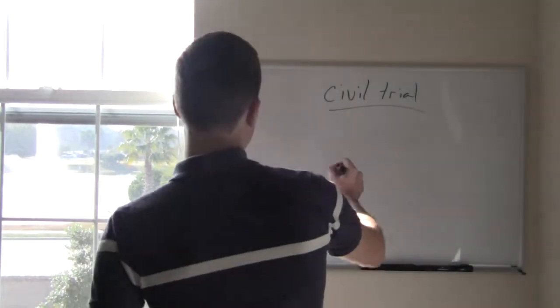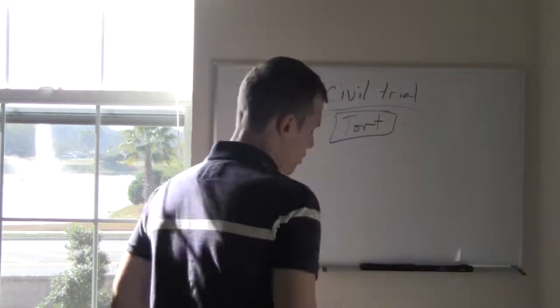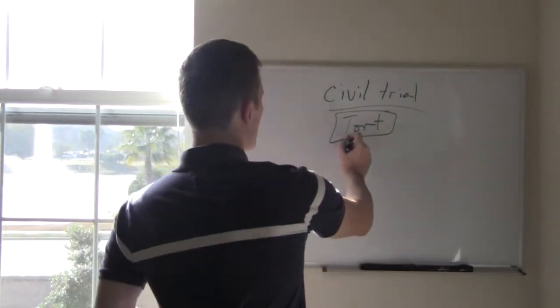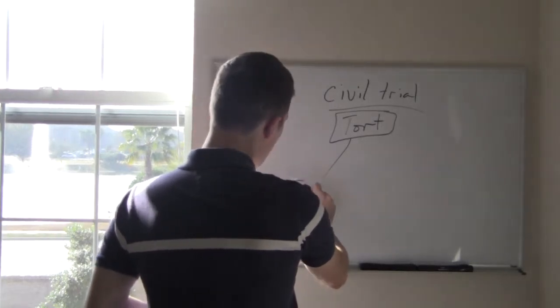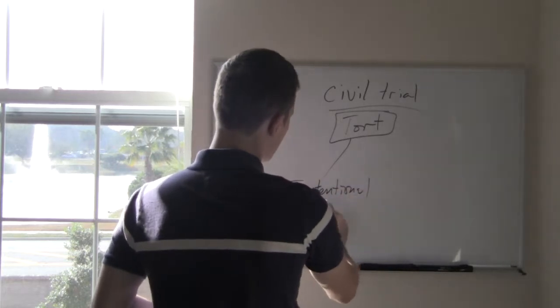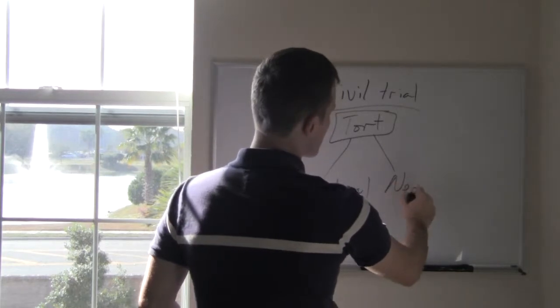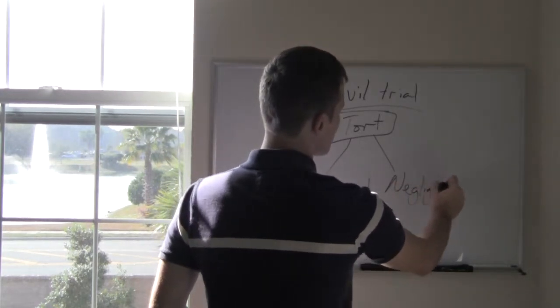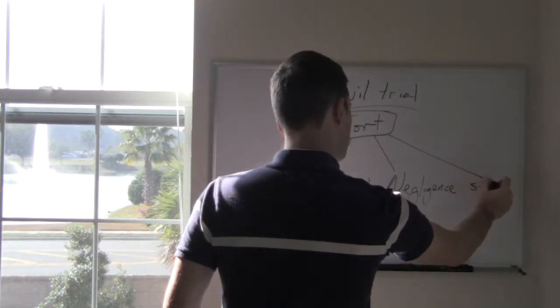There are three main areas of torts, and we're going to go through all of these. This is, again, just an overview that we're going to talk about today. There are intentional torts, there's negligence, and then there's strict liability.